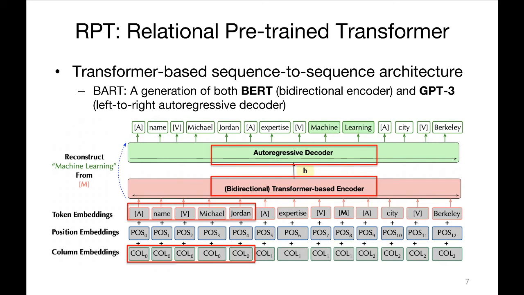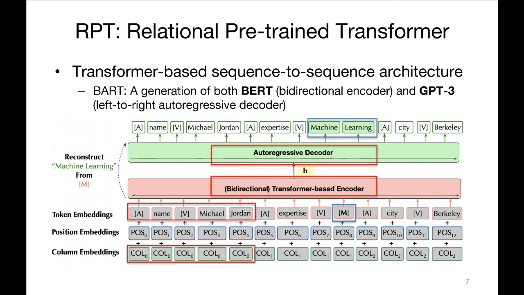The training objective is to corrupt tuples and then optimize a reconstruction loss. Given an input sequence of a tuple with some value to be masked out, represented by a mask token, the bidirectional encoder will look at the information before and after the masked token, learn which token to pay attention to, and generate an intermediate vector H. The autoregressive decoder will take H as input and generate an output sequence, denoising the masked input to be machine learning in this example.